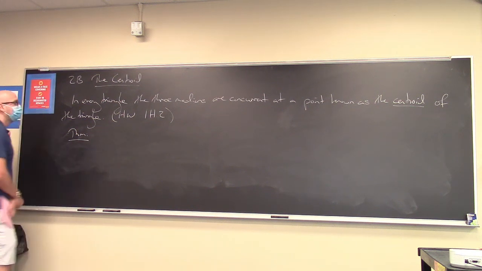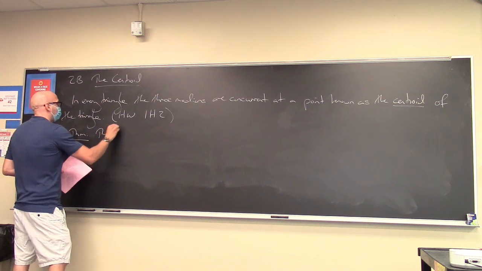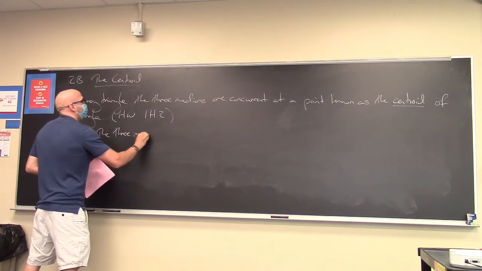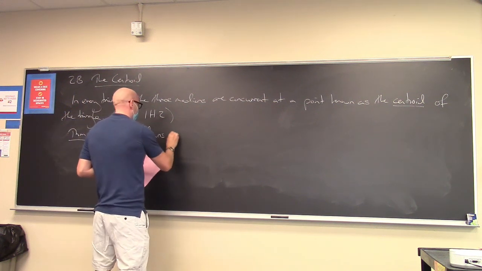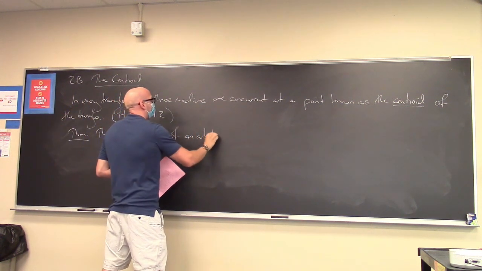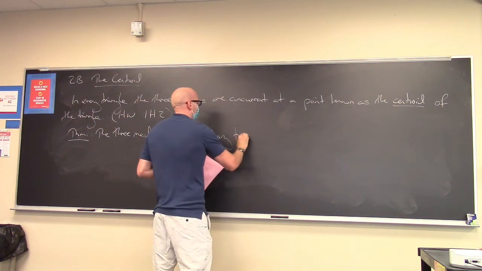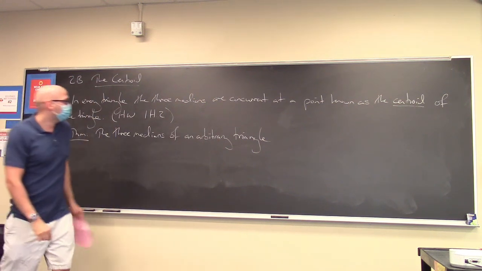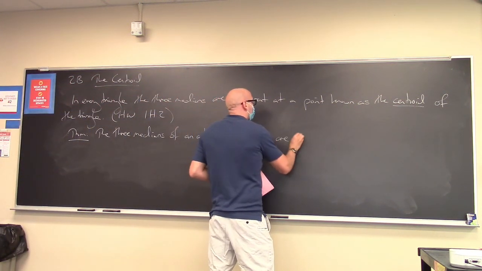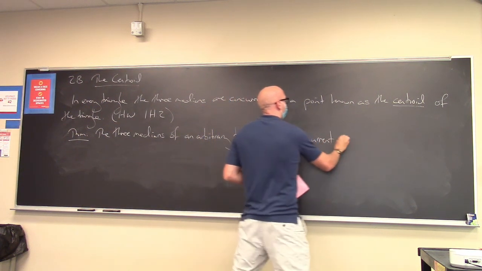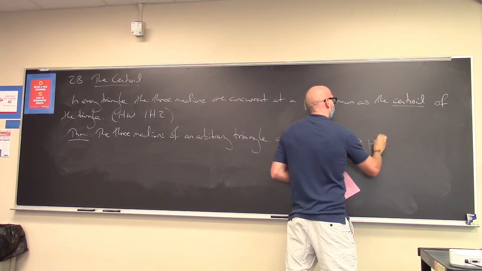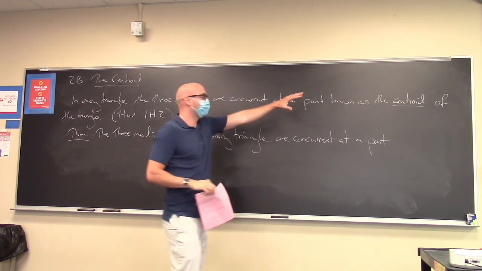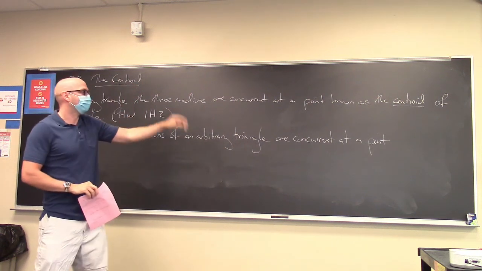I'm going to prove a stronger result. Not only are they concurrent, but I can tell you exactly where the centroid is. So, the three medians of an arbitrary triangle. This is nice, right? I'm not restricting to acute angle triangles here or anything. Arbitrary triangle are concurrent at a point. So same thing you have right here, there's 1.8.2. We're going to go further. I'm going to tell you where this point is.